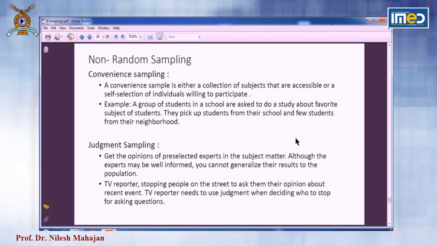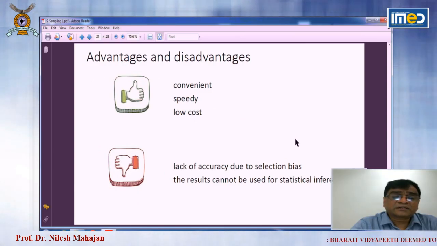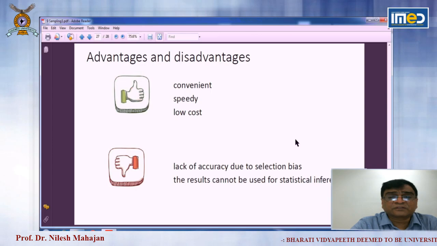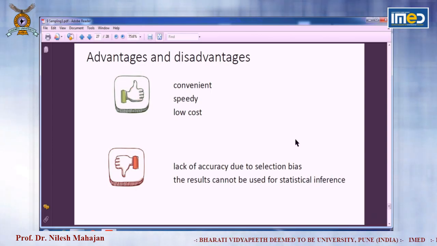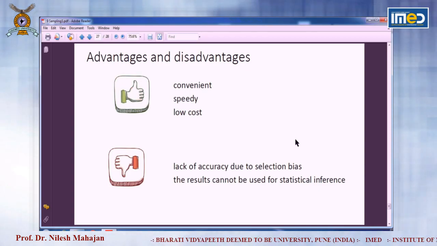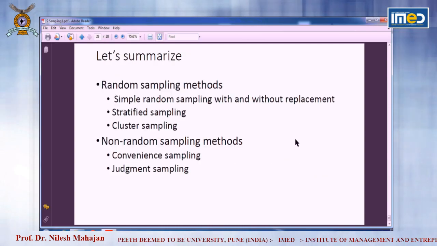The TV reporter needs to use judgment when deciding who to stop for asking questions. So these are the convenience and judgment sampling differences. Now, what are the advantages and disadvantages of these methods? Convenience sampling is speedy and low cost, but lacks accuracy due to selection bias. The results cannot be used for statistical inference.